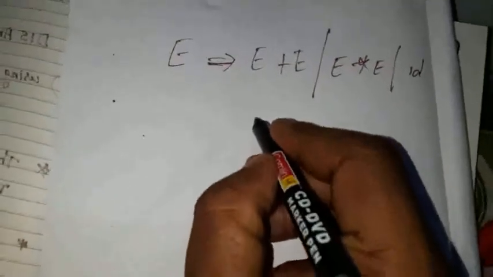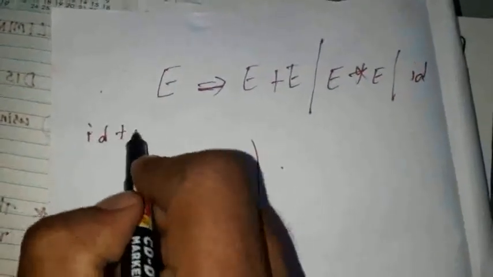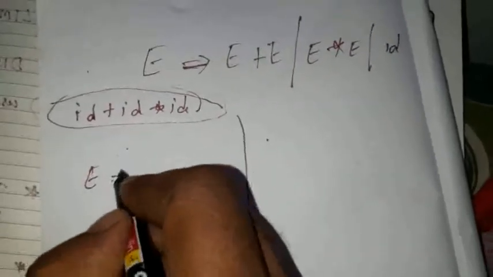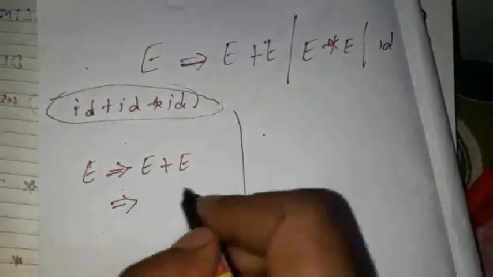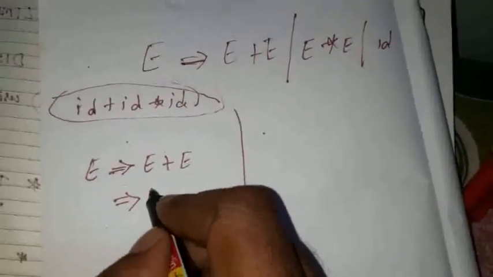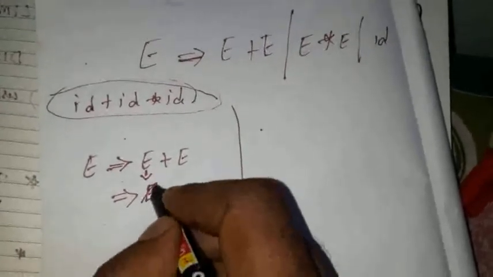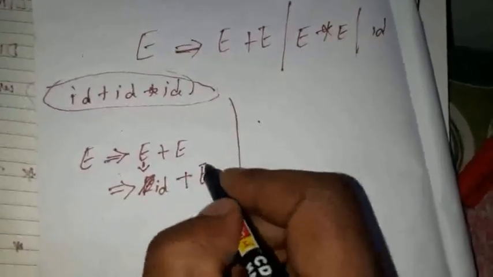So let me do it like this. The string I want to obtain from this is id plus id star id. Here I take E tends to E plus E. I'll go with left recursion. This E I'll replace with id, and this E I'll keep as it is.